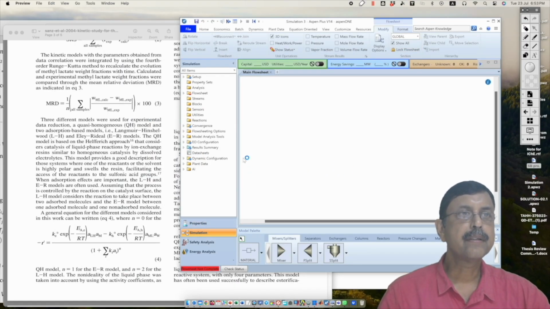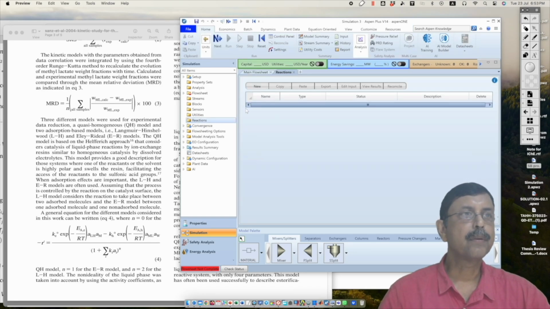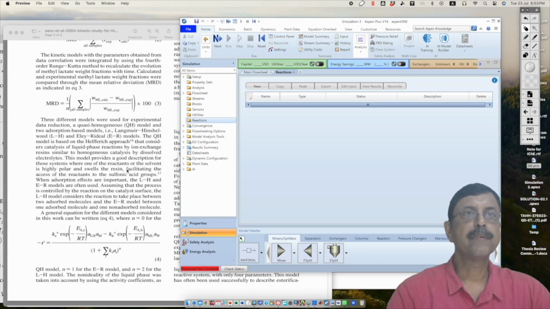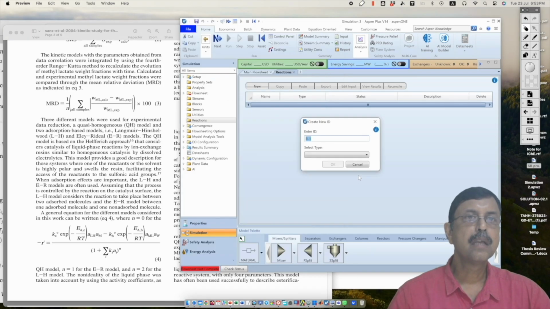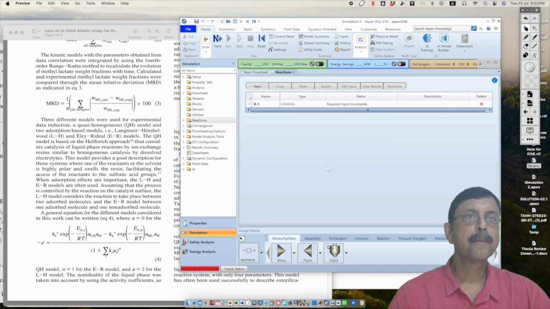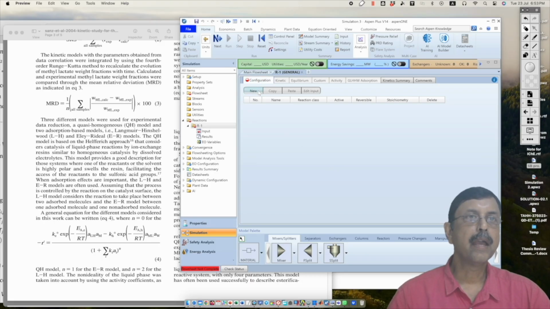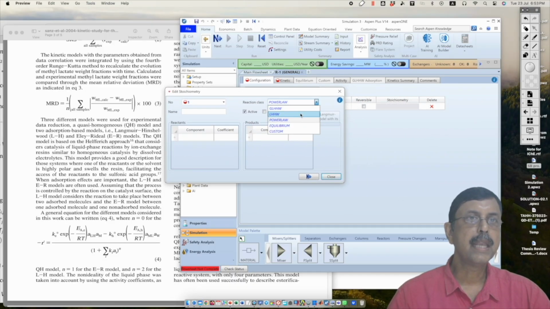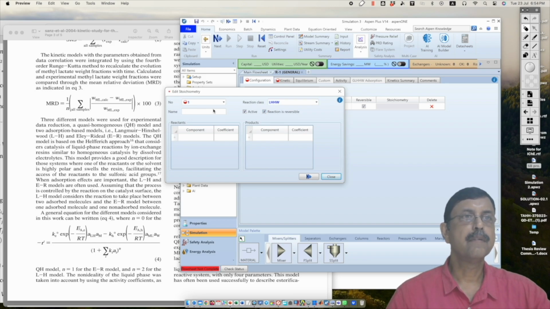Now let us first put the reactions over here, because this appears to be very cryptic. So let us first fix the reaction. Let us choose a new reaction, which is general, and we will use the LHHW type, which is reversible.